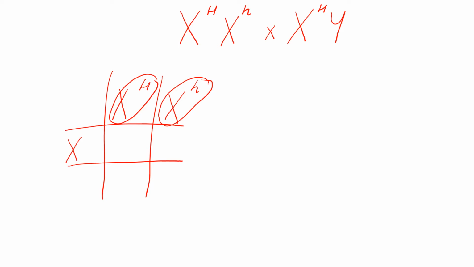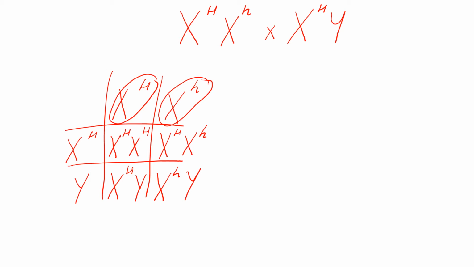Same thing with this one over here, X, H, and my Y. If I bring my information down, I have an X, capital H. Bringing it across, X, capital H. I have an X coming across with a capital H. I have an X coming down with a lowercase h. I have an X, capital H coming down. I have a Y coming across. I have an X, lowercase h coming down, and a Y coming across.